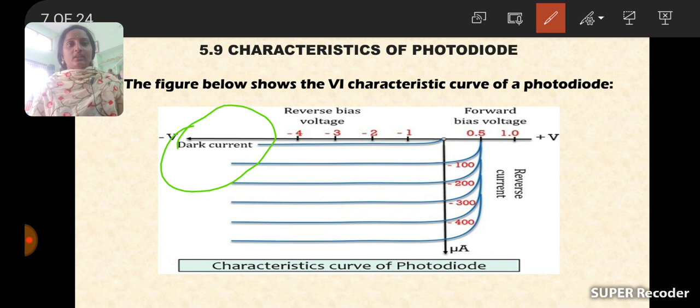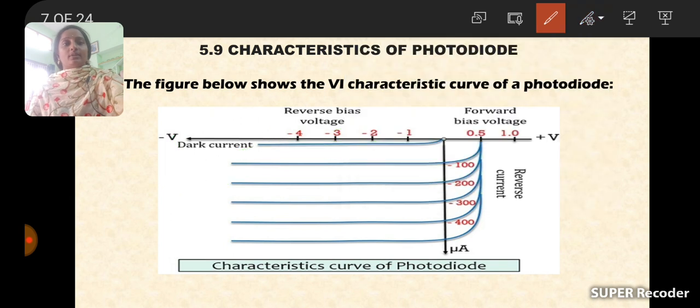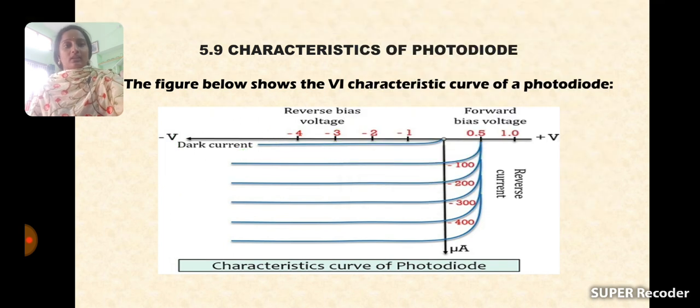By increasing the light, and thereby increasing the voltage, the current must increase. But in the absence of light, no current will be produced. So this region is called the dark region, and the current produced in the absence of light is called dark current. But that is very small, negligible. That's why it is called dark current.